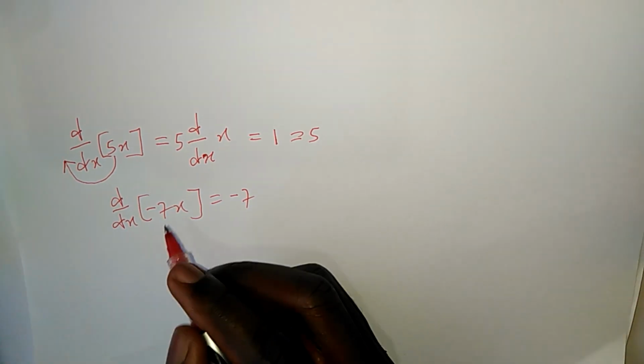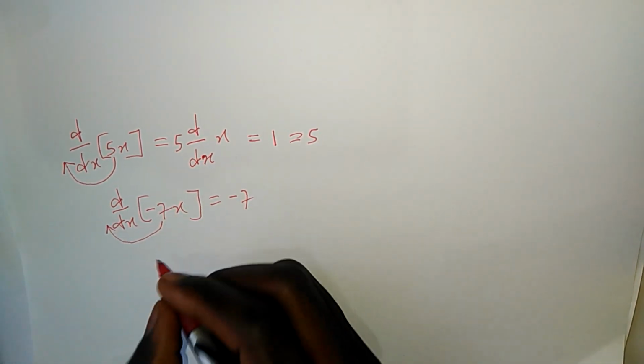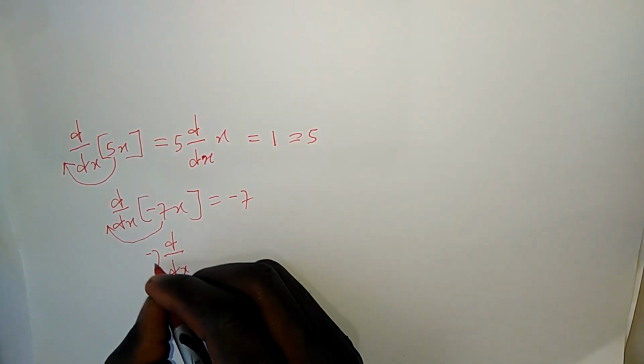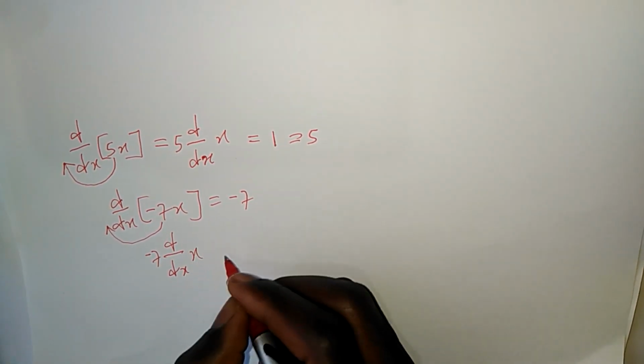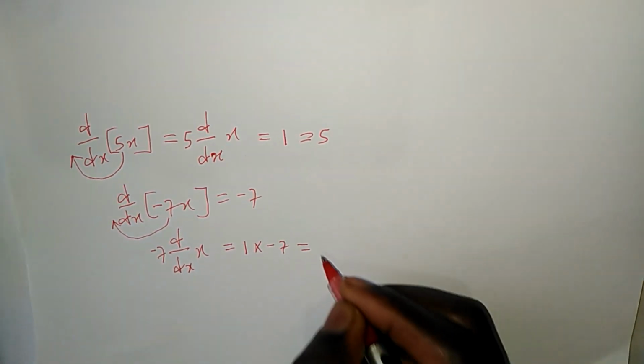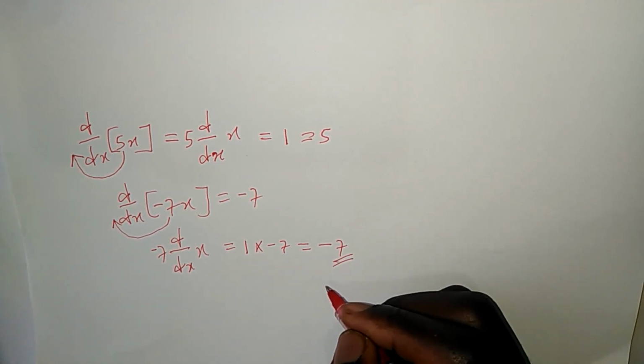It is almost the same thing as before. We move this 7 to the front. Therefore, we have minus 7 times d over dx of x. The differential of x, we know to be 1. 1 times minus 7 is equal to minus 7. That's how we arrive at that minus 7 there.